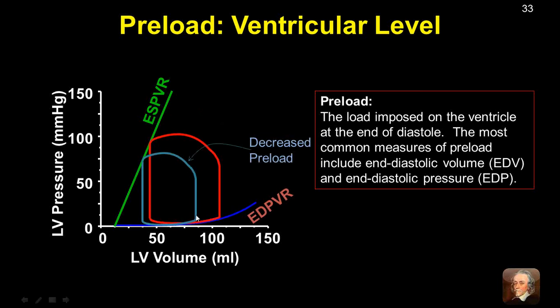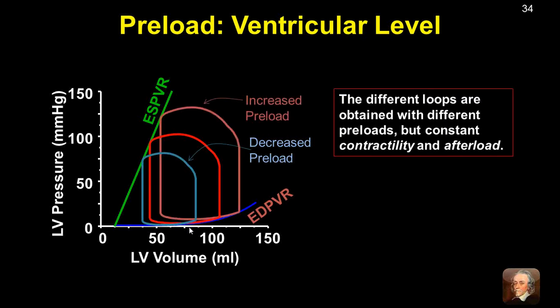For example, if you have a hemorrhage where you lose fluid, your starting volume is decreased, and your force generation, your pressure generation, and your stroke volume, your cardiac output, are decreased due to a decrease in the preload. Note that the loops exist within the boundaries defined by the diastolic and the systolic pressure-volume relationships.